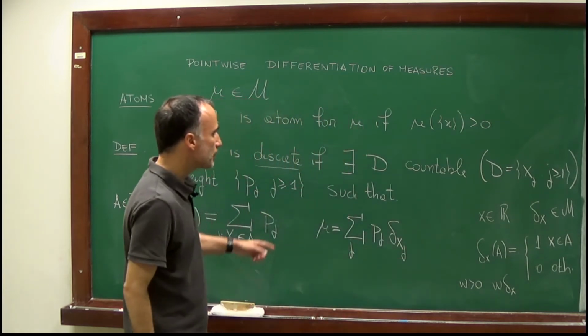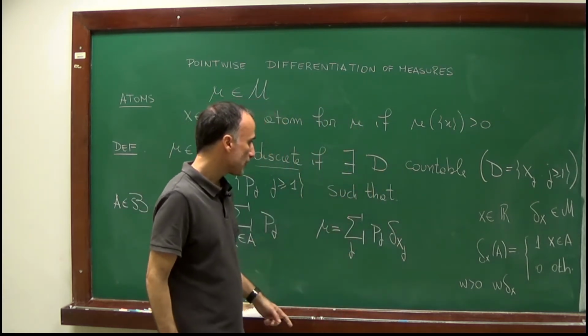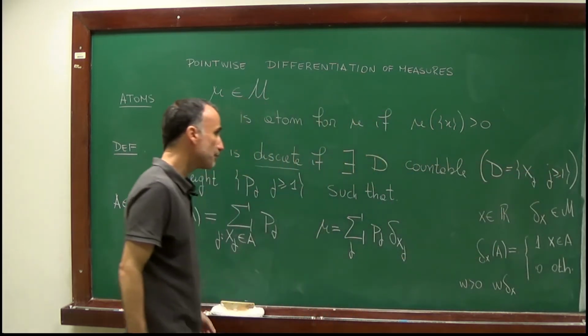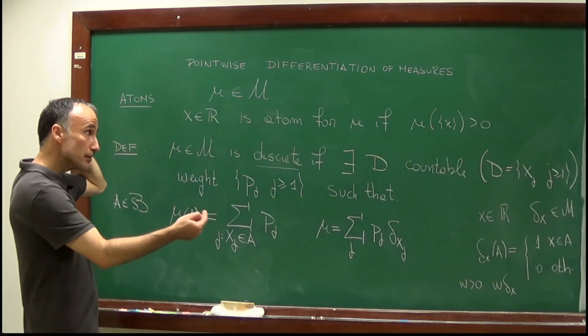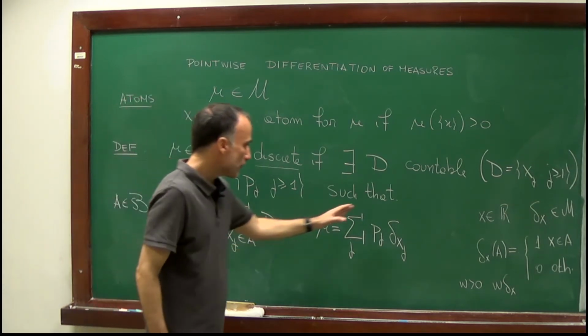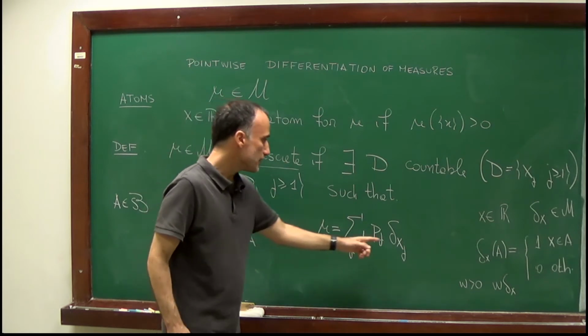That is, there exists a countable set D, which I can enumerate as xj, and weights pj, for which mu is given by that.